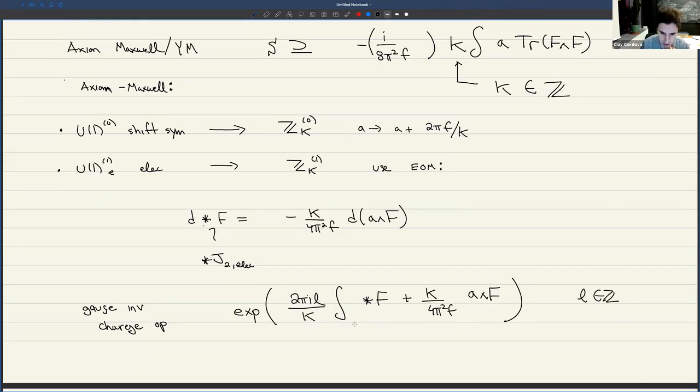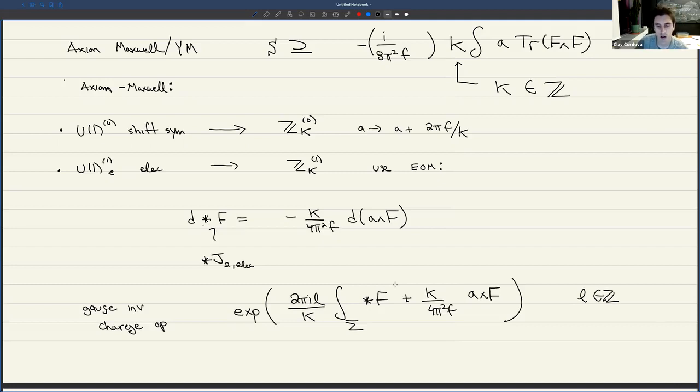So this is an integral over a surface, an arbitrary surface. And so you should first close your eyes and delete this A term. That would have been the integral that measures the electric charge of a line, or the electric charge on some surface sigma. And that would have been the natural charge that we would have associated to this U1 one-form electric symmetry.